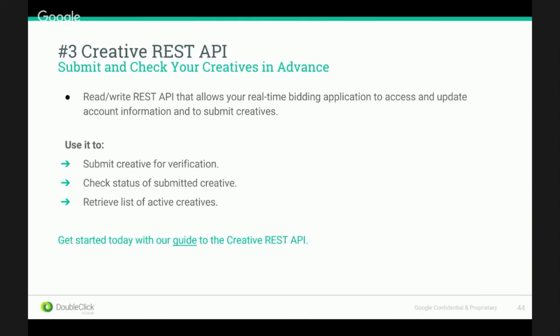You can use it to upload your creatives using the same account ID and buyer creative ID. This is the best, quickest, most simple, effective way to resubmit creatives. If you're not integrated with the REST API, then you can resubmit the creative using a new buyer creative ID.